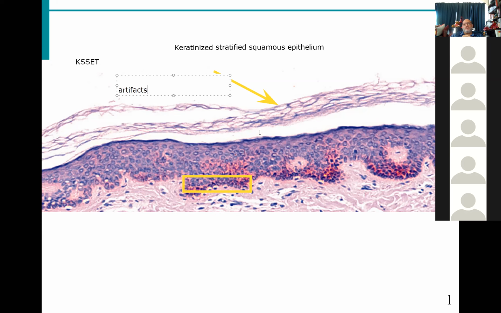Often with thin skin like this, the tissue layers will actually shred and separate from each other. So this is not what it looks like in the real body. It's that artifact from processing. They don't really float in space above the other layers, but we can still see pretty clearly what this is. All right?